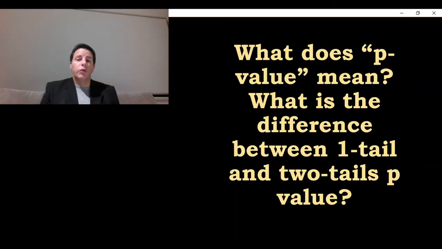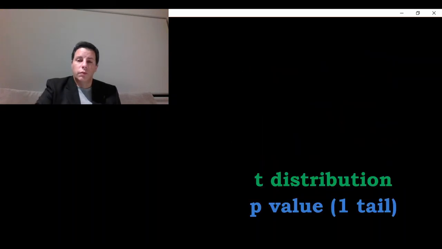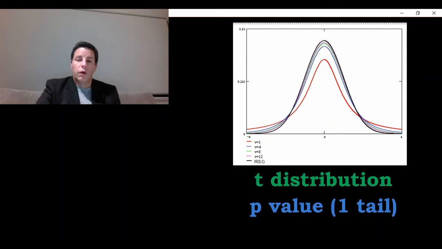Another question: what does p-value mean, and what is the difference between 1 tail and 2 tails p-value? Okay, so the p-value is calculated assuming a population in which the null hypothesis is true.